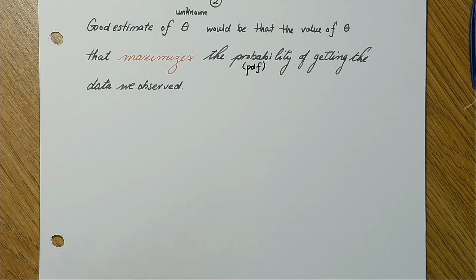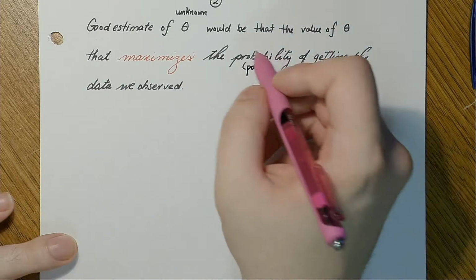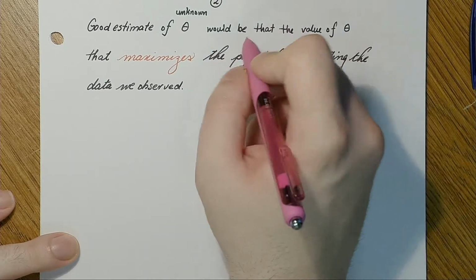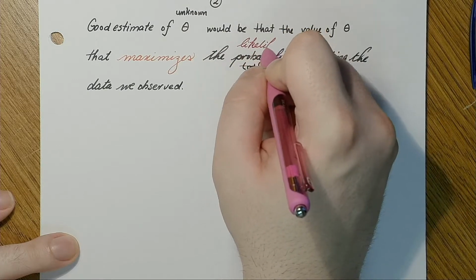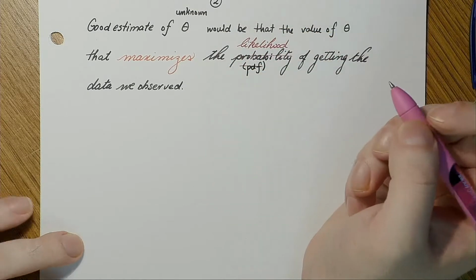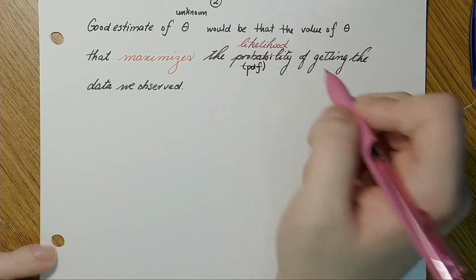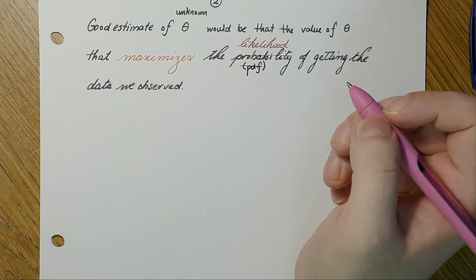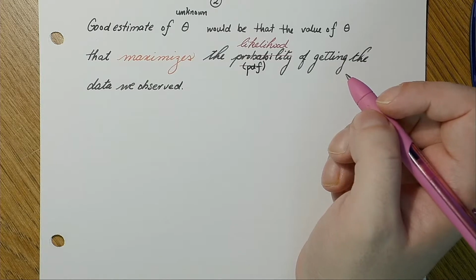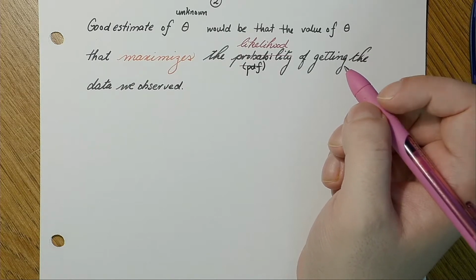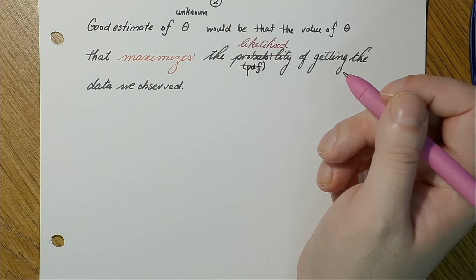what they used instead is what we call likelihood. So they were using the likelihood. Now, the average person on the street will say likelihood or probability. These are interchangeable terms, but in fact, they're not.